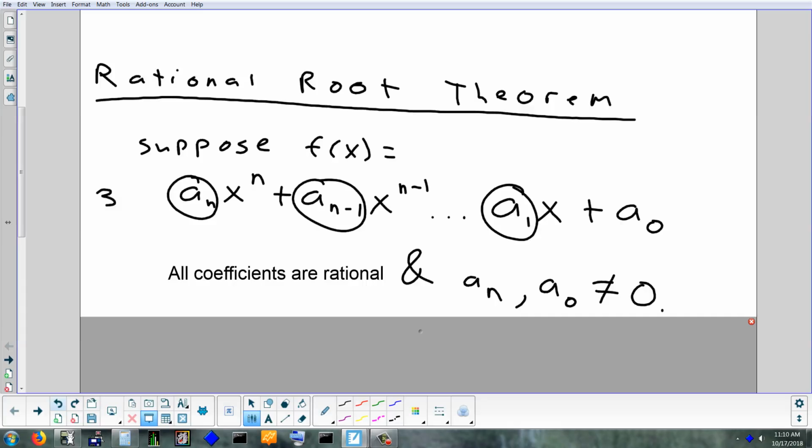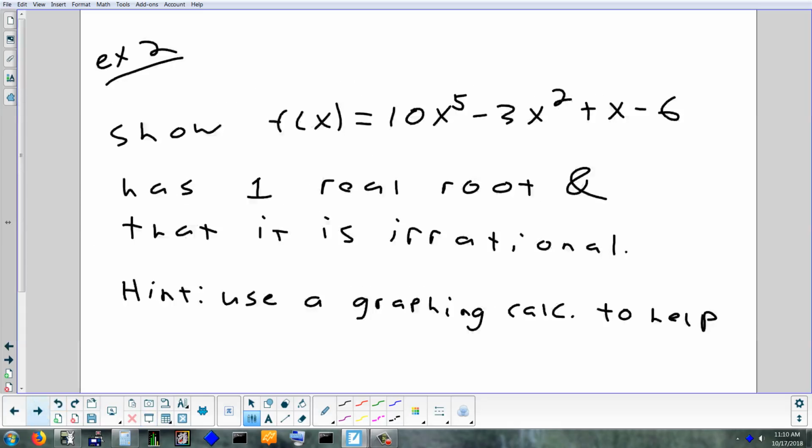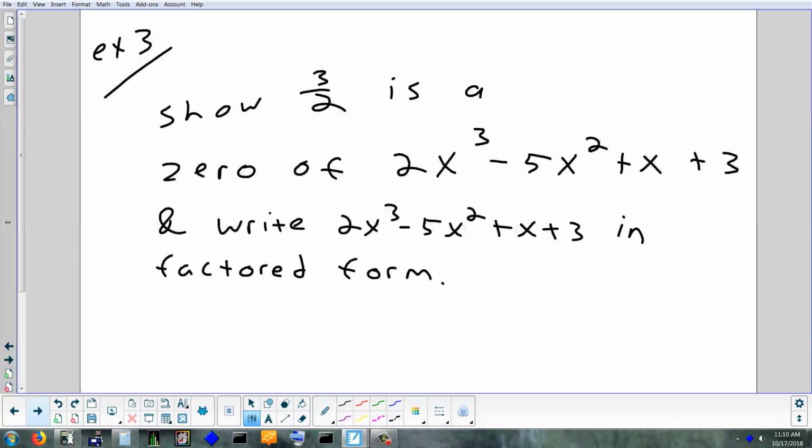A number like that is fine. It can be written as a fraction if you put it over 1. So an example of something that would work: 10, negative 3, 1, negative 6. All of those numbers can be written as fractions. Or 2, negative 5, 1, 3. All of those numbers are fractions, so that's good.